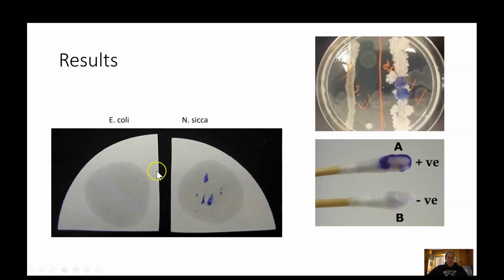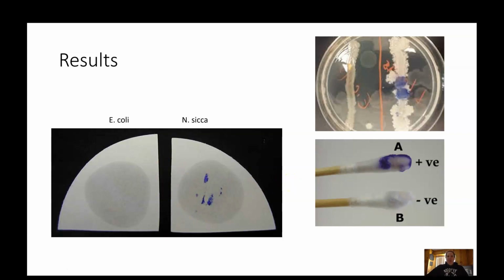We typically do this method in lab. We basically soak some filter paper with the chromogenic agent, and then we apply some bacteria. And so this is the result that I want you to interpret here. If we were doing this in lab, we would use E. coli and Neisseria sicca as our 2 bacteria. So go ahead and interpret these results and record them in your data sheet for this lab.